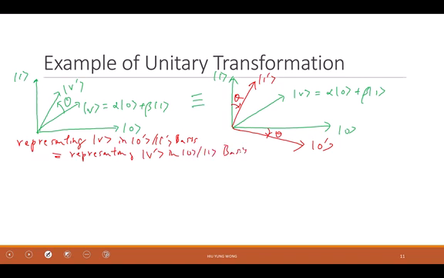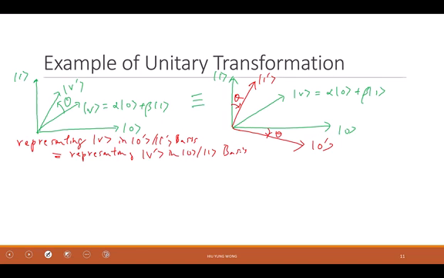Sorry for the writing, right? You see what I mean, right? This V dash represented in this coordinate is the same as representing the original V, but in the rotated coordinate. Right? We are together. I step forward by 2 steps. It's the same as you step backward by 2 steps in terms of representation. Okay?